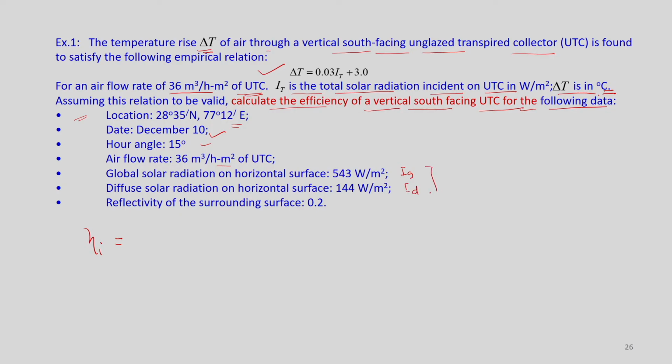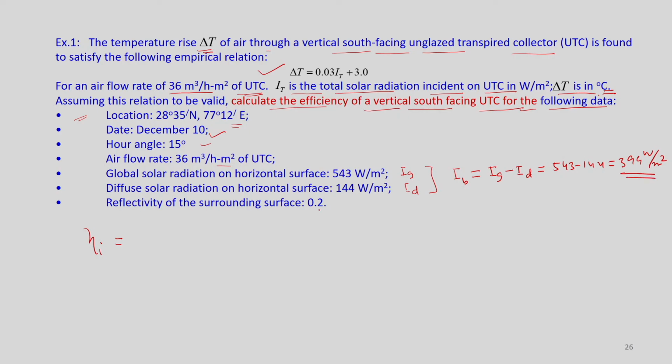So, once we know these two, then we can calculate what is Ib. So, this Ib can be calculated by deducting Id from Ig. Okay. So, it will be 543 minus 144. Okay. So, this will be 399 watt per meter square.